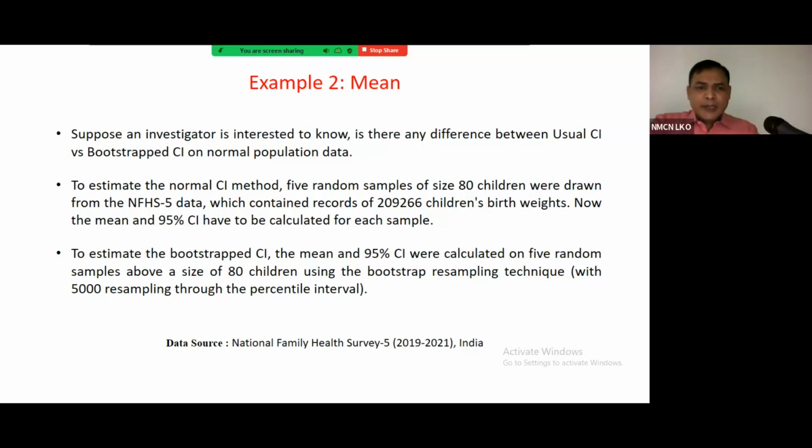To estimate this, 5 random samples of size 80 children were drawn from a population, for which we have taken the National Family Health Survey 5 data. We considered this data as a population, and from it we took a small sample of size 80, and did the analysis comparing the bootstrap method versus the usual method.